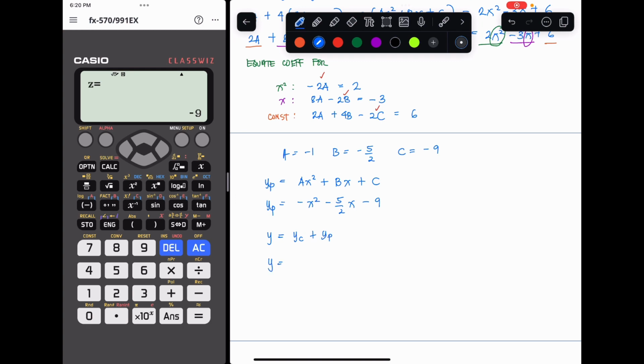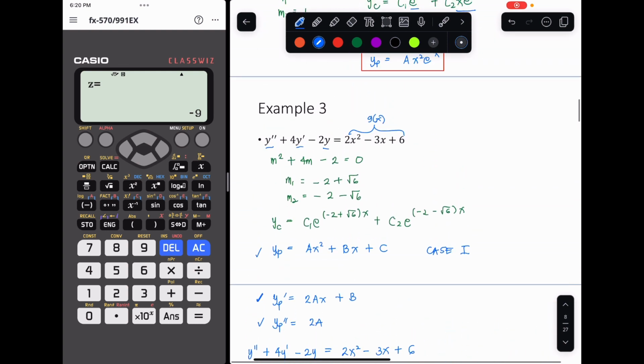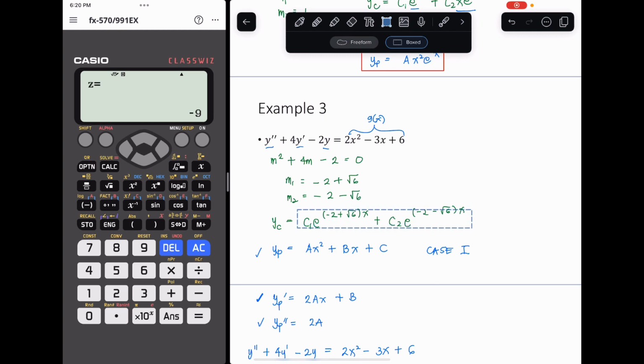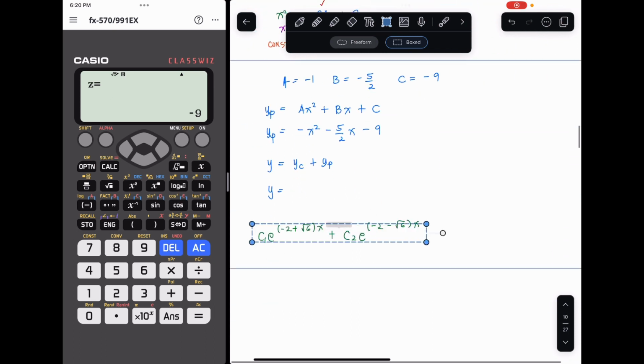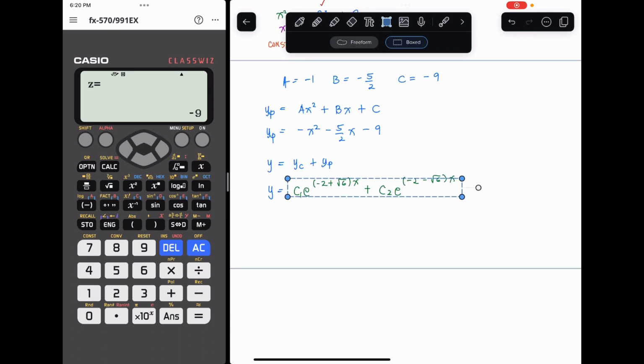So our yc, I'm going back to my original answer here, and I'm going to attach my particular solution, which is this one, forming my general solution.